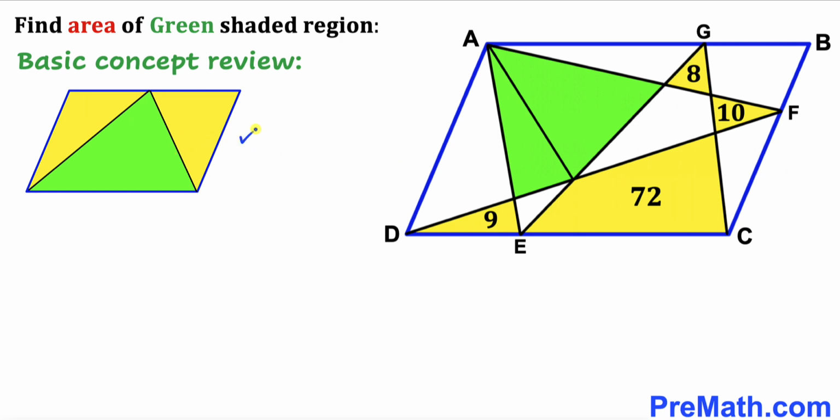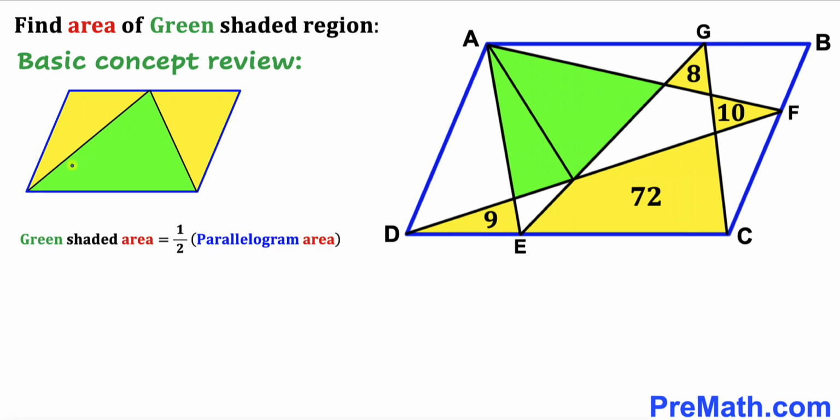This parallelogram consists of 3 triangles. This green triangle and these 2 other yellow triangles. And all of these triangles have the same height. And the base of this green triangle is equal to the sum of these 2 individual yellow triangles.